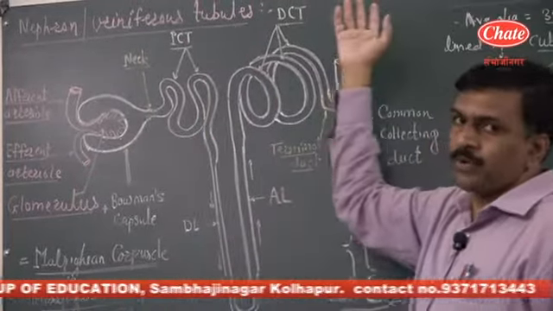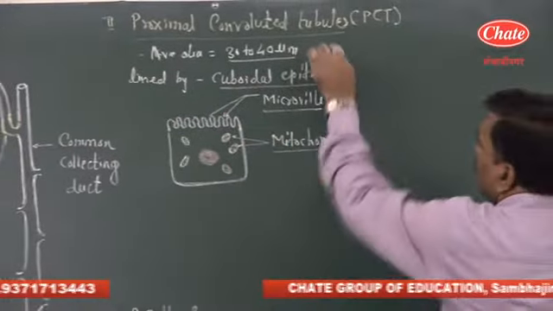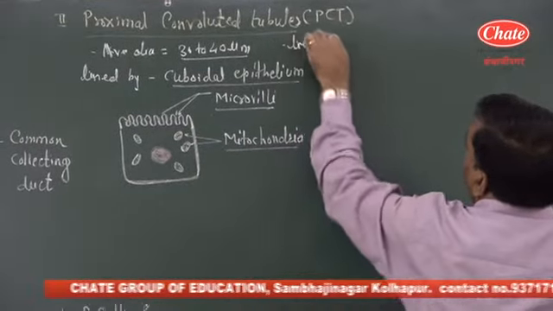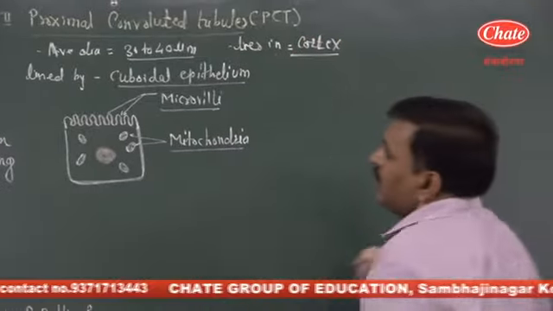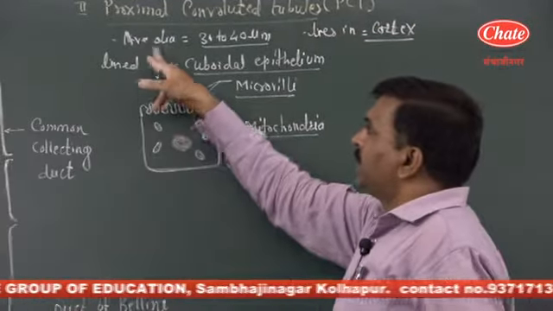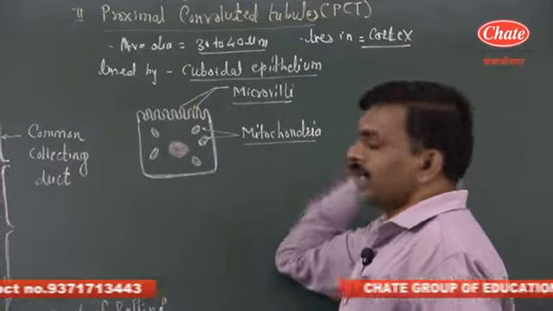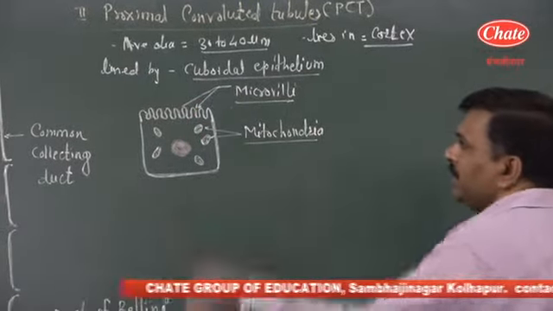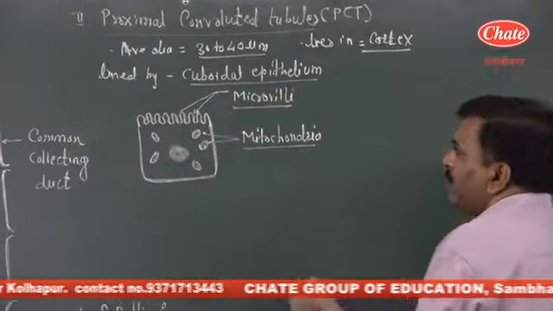These proximal convoluted tubules also lie in the cortex region of the kidney. Average diameter is 30 to 40 micrometer and it is lined by cuboidal epithelium. But this cuboidal epithelium has brush borders, that is microvilli, and mitochondria.